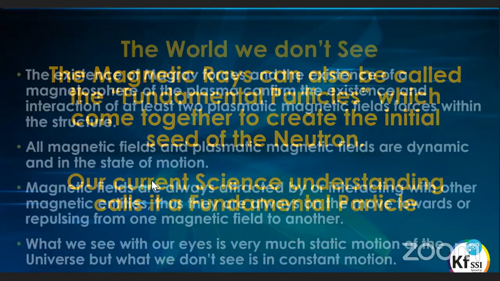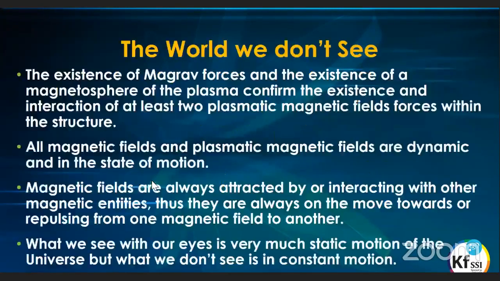So it's essentially the world that we don't see. The existence of magnetic gravitational forces and the existence of a magnetosphere of the plasma confirm the existence and interaction of at least two plasmatic magnetic field forces within that structure.